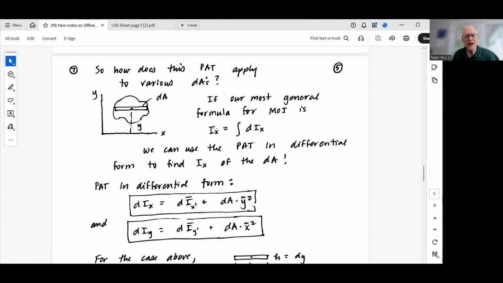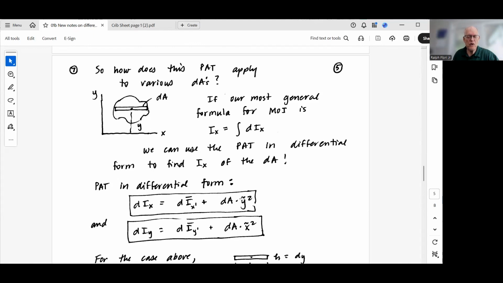Remember, our Ix is the integral, or the sum, of the dIx's of our dA. So the dIx, which is the moment of inertia of my dA about the x-axis, is equal to dI bar about the x prime axis of my dA plus dA times y squared.